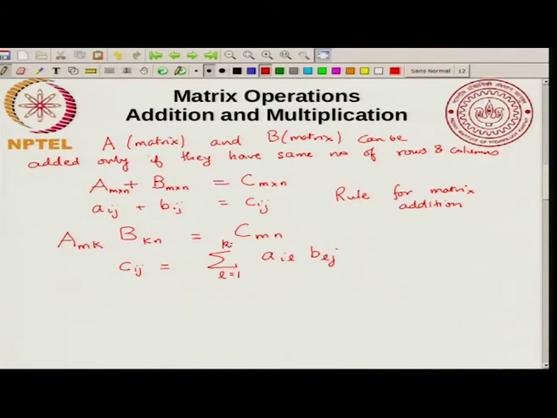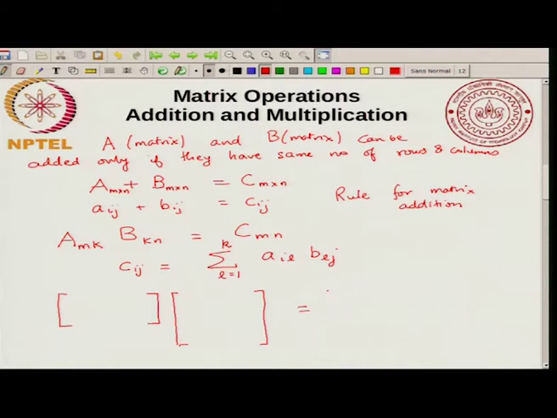Again I am not doing this in all detail because I am sure many of you are familiar. If you have a matrix that looks like this, and another matrix that looks like this, where the number of rows here is equal to the number of columns here, then when you multiply these, you will get a matrix that has this many rows and this many columns.